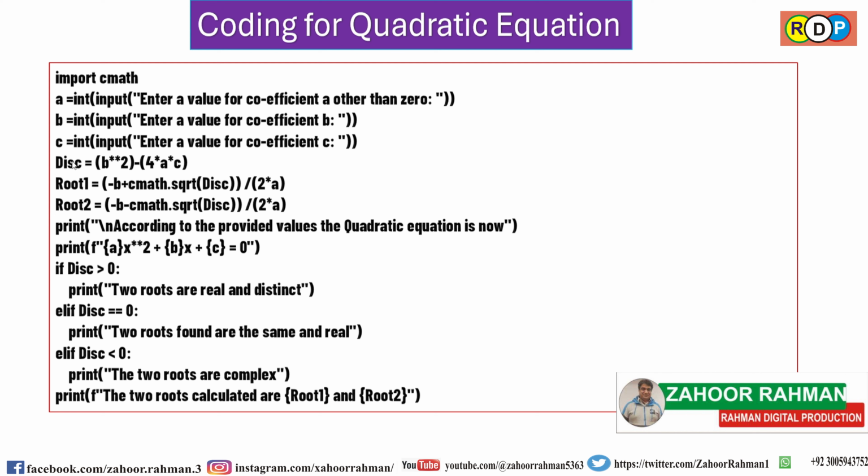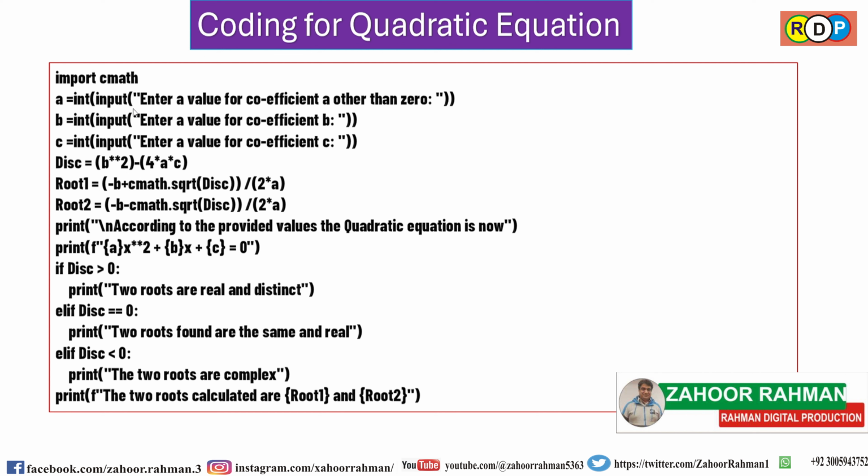Now I have to calculate the discriminant. I took a variable dis and that is b star star 2. Double star is used for raised to the power in Python. So b star star 2 means b raised to the power 2, and it is included in parentheses, so it will be evaluated first.